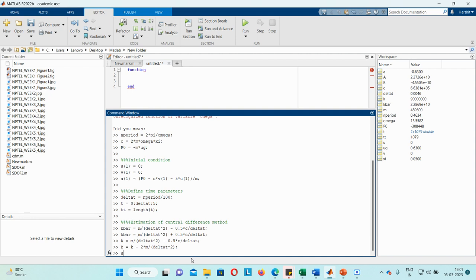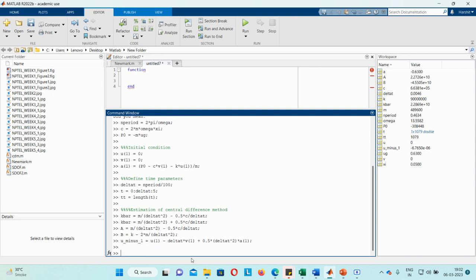Okay, and u minus 1, that initial value that we need, is nothing but u1 minus delta t times v1 plus 0.5 times delta t square times a1. Okay, so we have defined all the initial values that we need for estimation.